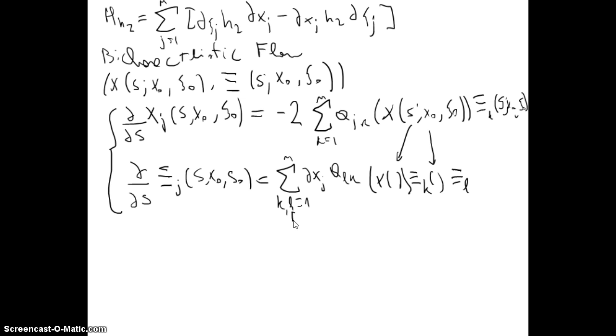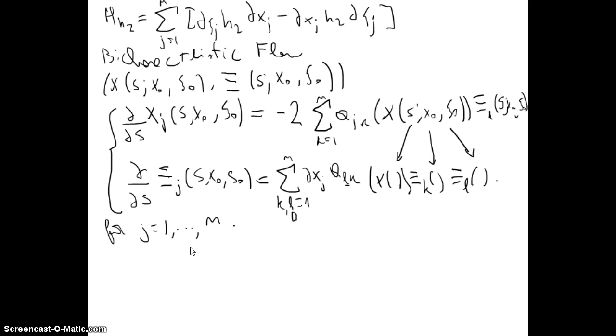Okay, now we consider this. So this will be the bicharacteristic flow of the Hamiltonian vector field, for j from 1 to n.